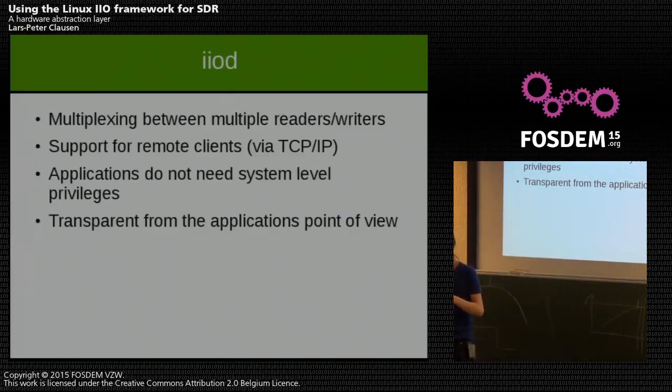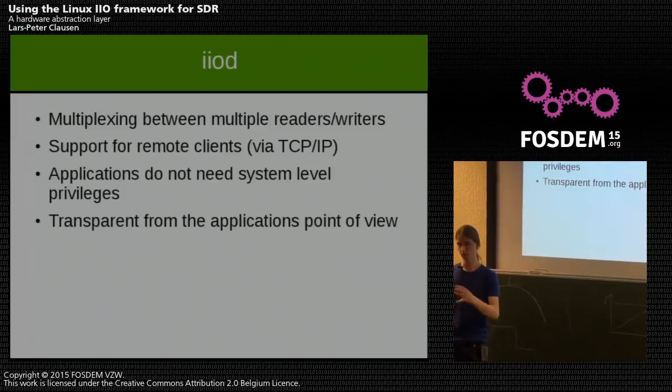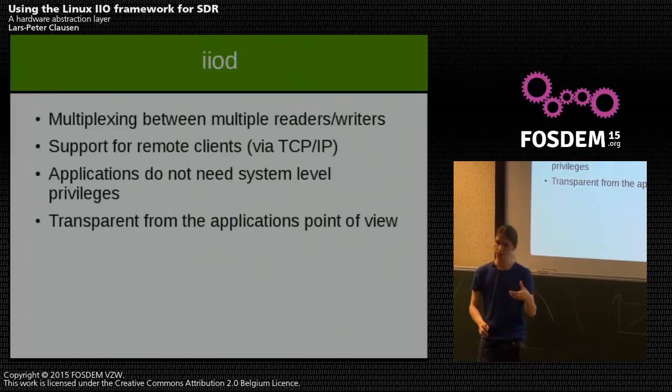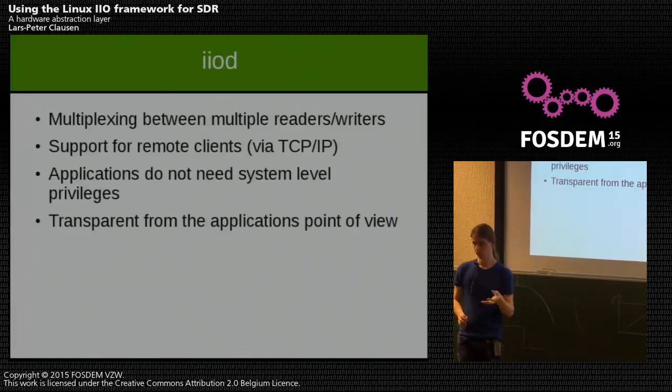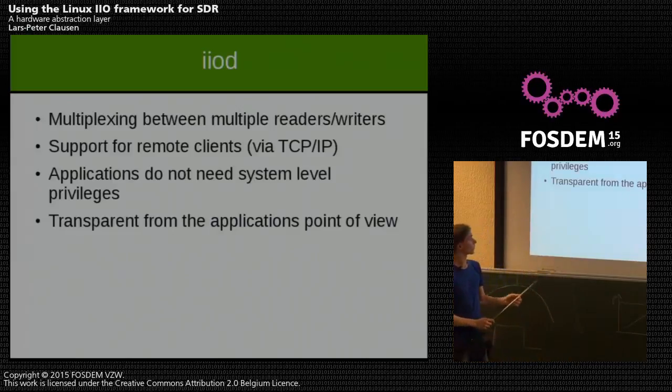The IOD will take care of making sure that the superset of enabled channels from all applications is enabled in hardware. So you can actually get all the channels, all the data that you want, without the applications conflicting with each other. So if you run two applications, both on the local backend, one will turn the channel on and the next one will turn the channel off, and strange things will happen. And if you use the IOD, you don't have this problem.